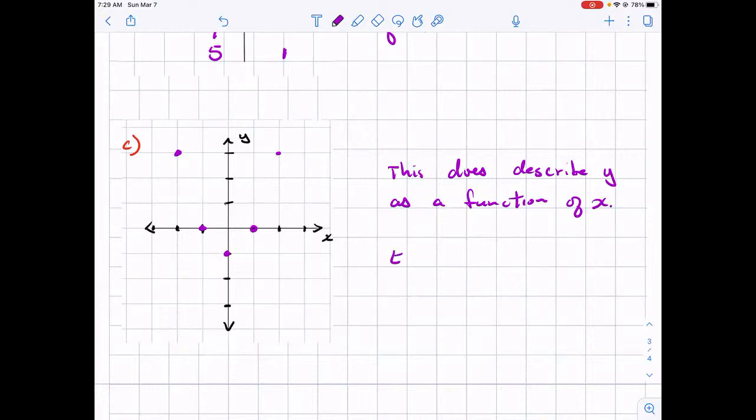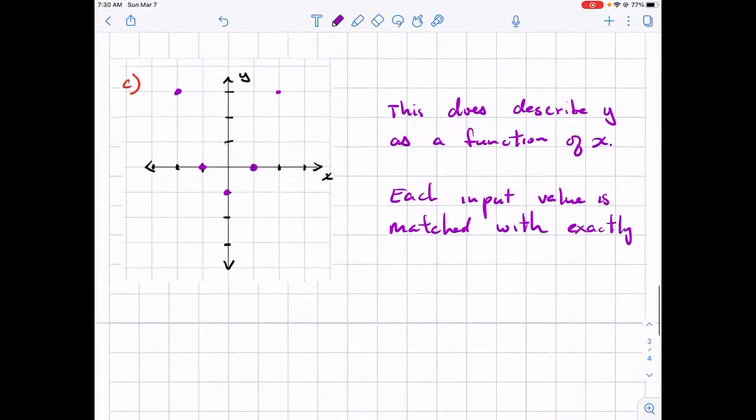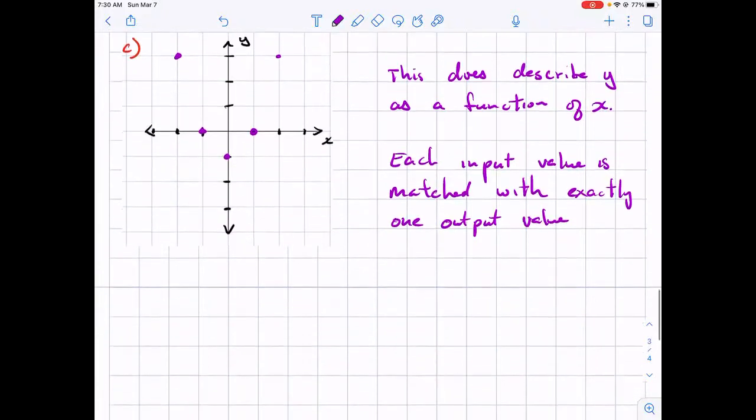Each input value is matched with exactly one output value. As I said, later on we'll do something where we test graphs to see if they're a function.